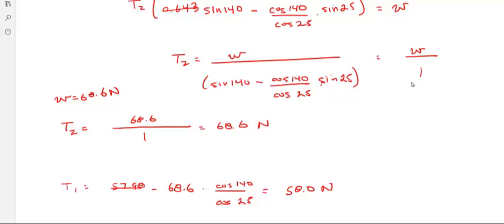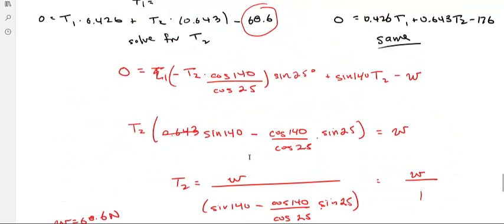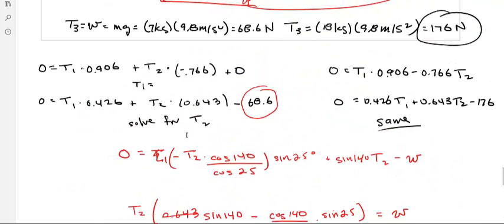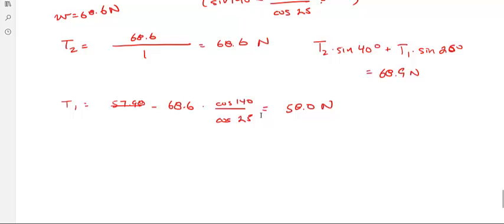So that's T1, and the reason I know it works is because if I take T2 times the sine of 40 degrees, instead of using 140, and I add that to T1 times the sine of 25 degrees, I'll get whatever that number was, 68.6, which balances the weight. So apparently it does work.